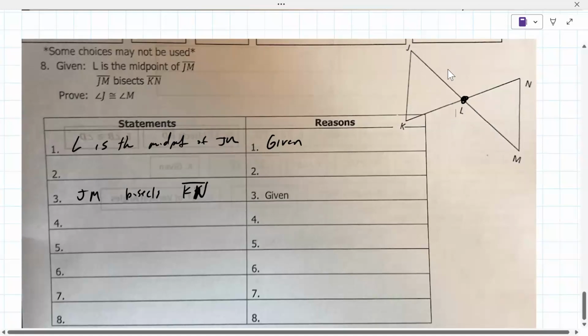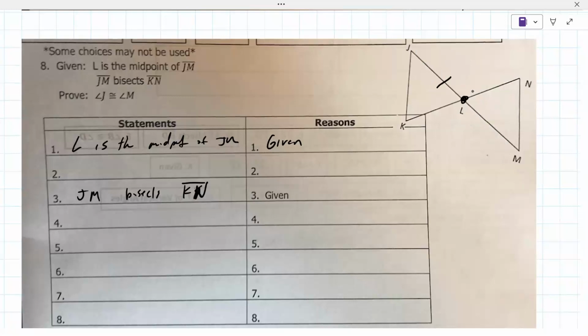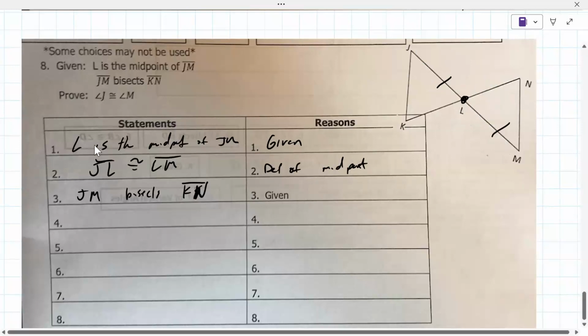They're congruent. So JL is congruent to LM. And that's the definition of a midpoint. It's very common that when they tell you something is the midpoint or the angle bisector or the perpendicular, you use the definition of that in the next line. So now if JM bisects KN, that's this one bisects this other one.